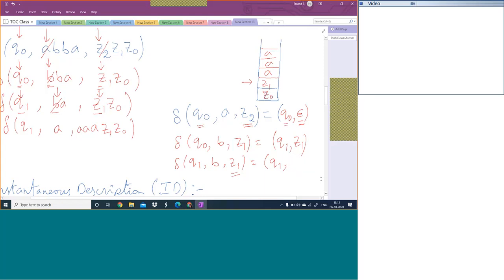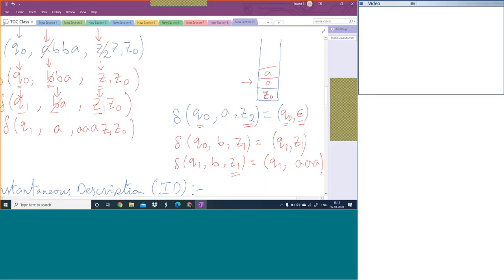Or if I write like this, A only, what does it mean? This means you just replace Z1 with A, means delete the Z1 and push A. If I write like this, what does it mean? You delete the Z1 from the stack and push 2 A's in the stack. And if I write like this, what does it mean?